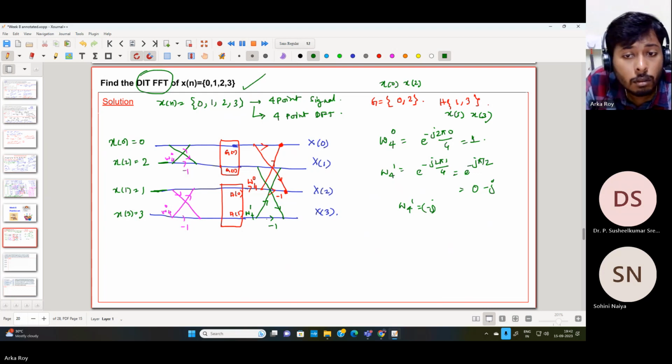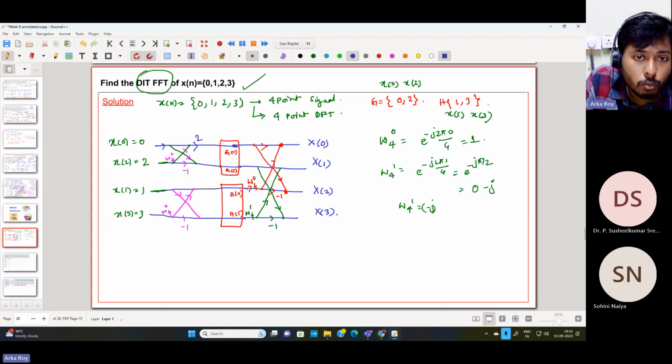Now let me do the multiplications. Over here 0 was coming. Now you have multiplied by 1, and then 0 is added with 2. So the output over here is 2.